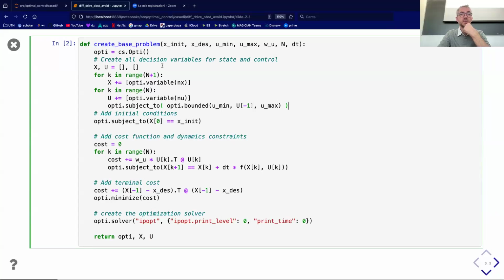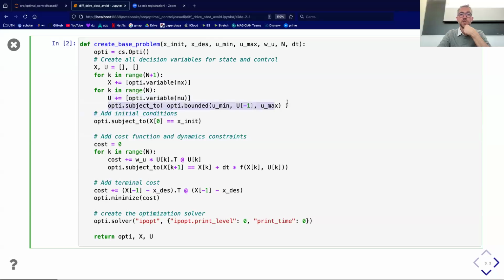We are using the same Casadi library that we have seen last time, so you should start to be a bit familiar with it. We start by defining all the optimization variables. We have one variable for every state in the horizon, one variable for every control input in the horizon.